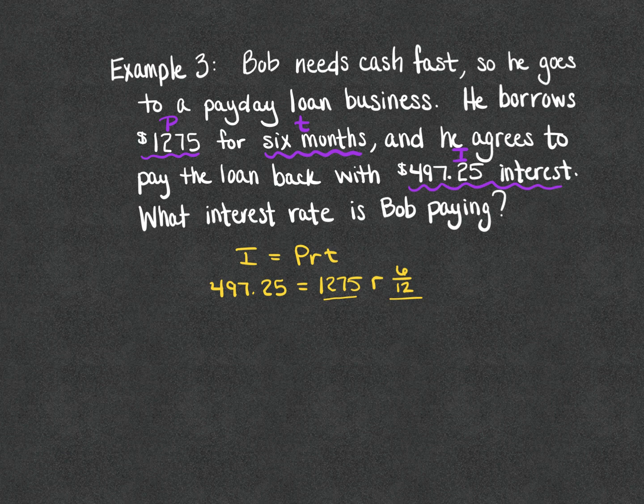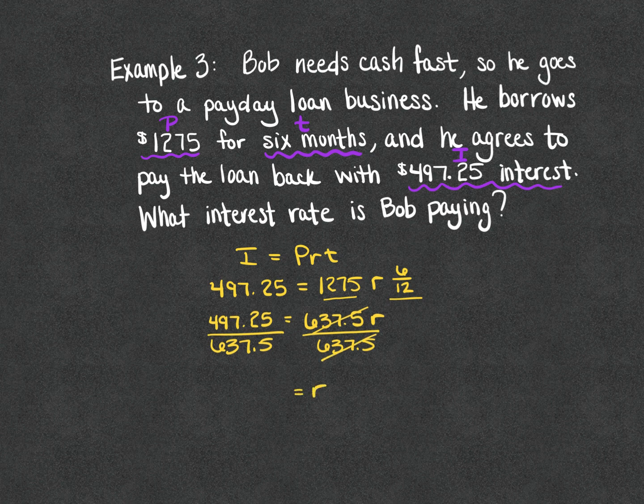So multiplying that together and keeping track of the previous steps, I get 637.5, and that is being multiplied by r. In order to undo that multiplication, we need to do division. Which leaves us with r.